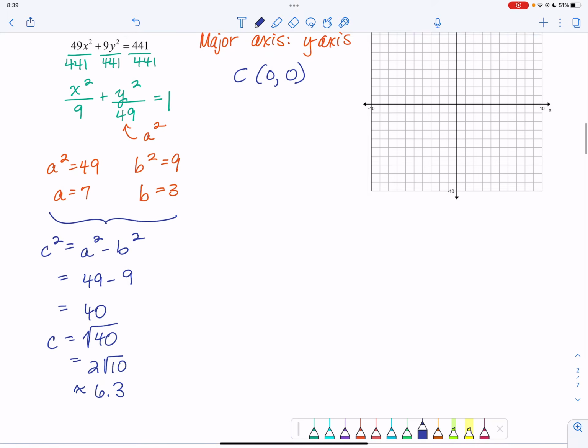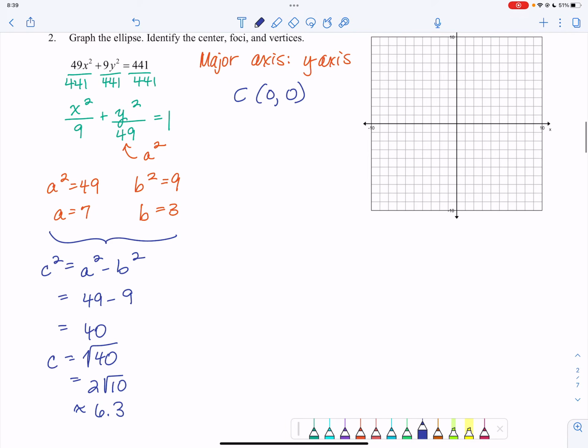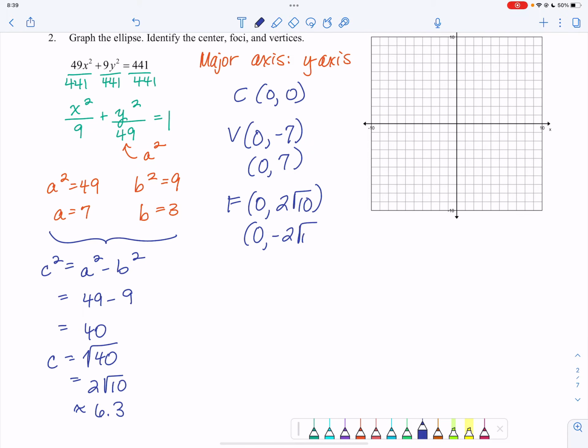That will help us for graphing. So now our vertices this time are (0, -7) and (0, 7). Our foci are (0, 2 root 10) and (0, -2 root 10).